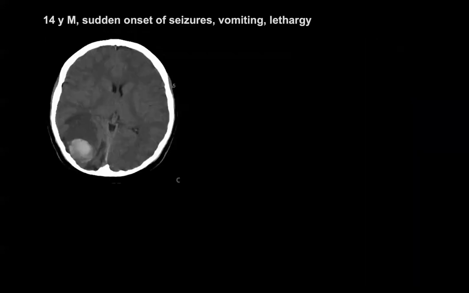Now, this is a CT in a child with sudden onset of seizure. This is a CT without contrast. What you see is basically blood, okay? Now, there is blood, there is a lot of edema, the child has seizure.